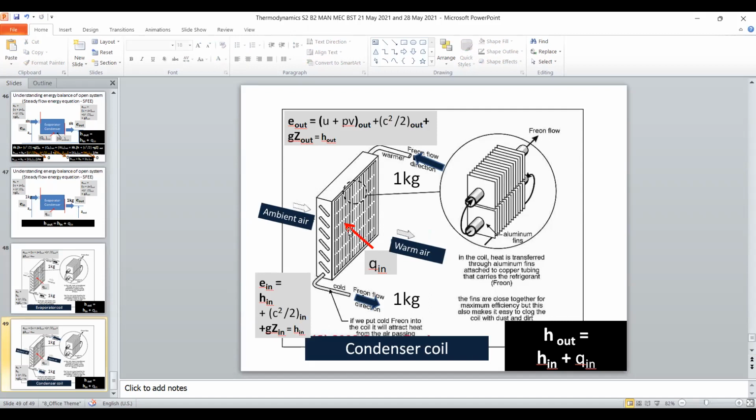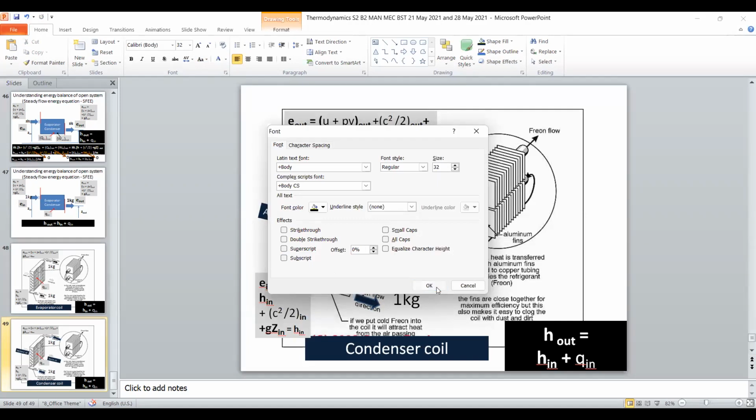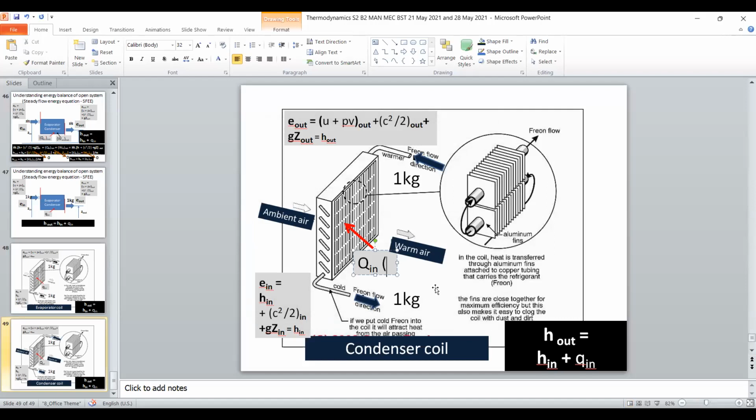So the real direction of Q is from the coil to outside, but still we can put Q in here. But the point is that this Q in, sign convention wise, would be a negative value. Small q.